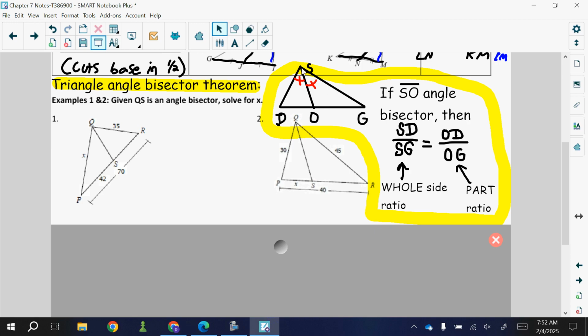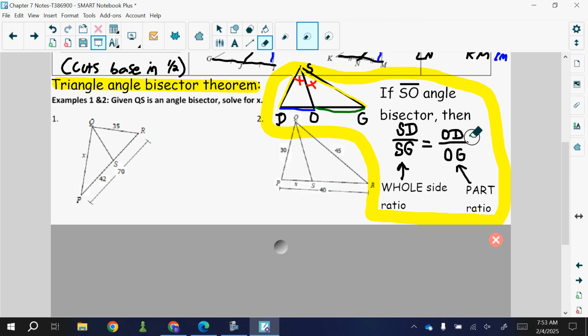It says if SO is an angle bisector, meaning that it cuts this angle into two equal halves, then SD over SG, which is this whole side, equals OD over OG.